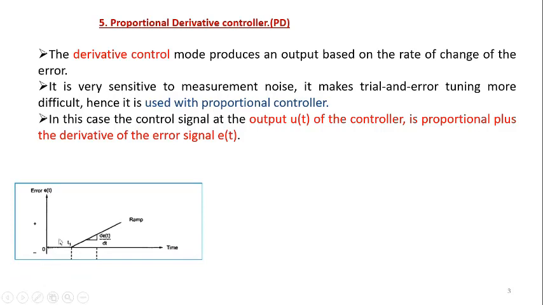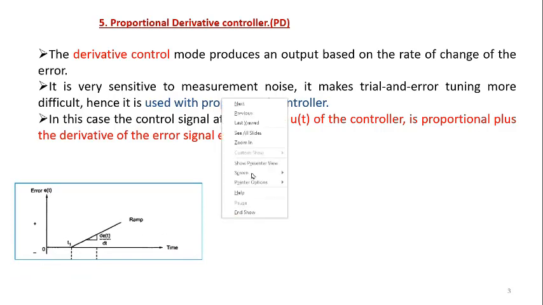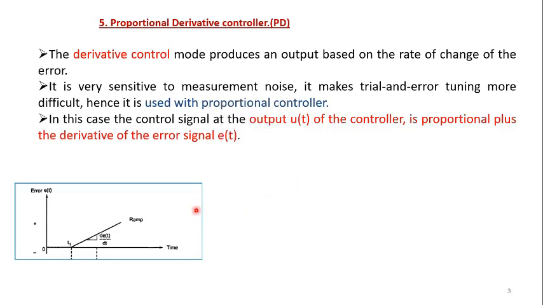So here in this figure we can see that we are going to plot the output with respect to error, with t as an axis and error. At zero error input to the controller, there is no change in output of the controller.